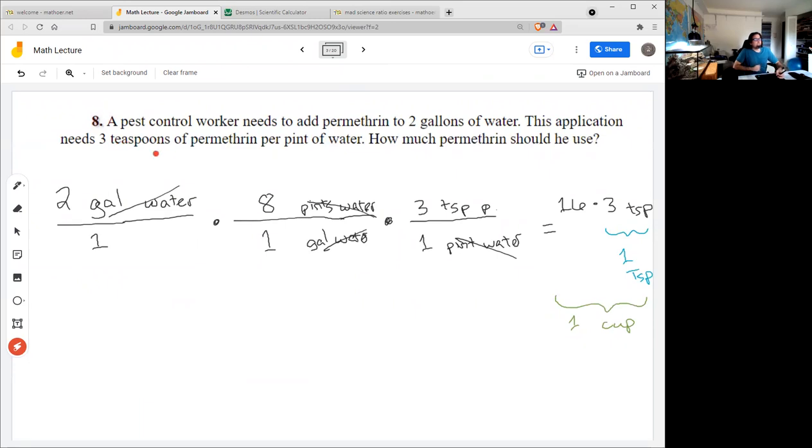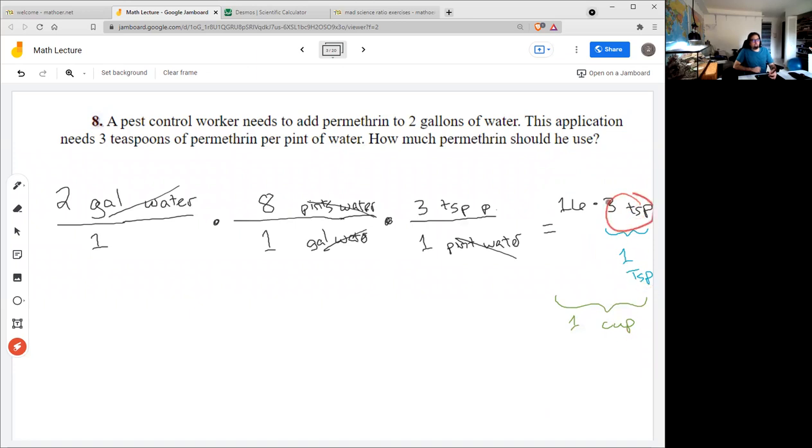Number 4 has a different lesson. Number 8 has a different lesson. When I did this one, I noticed that I am going to take the 2 times 8 to be 16 and leave it separate, not do the times 3. I could do 16 times 3. There's nothing wrong with that. But I already know from my kitchen experience that 3 teaspoons is the same as 1 tablespoon.